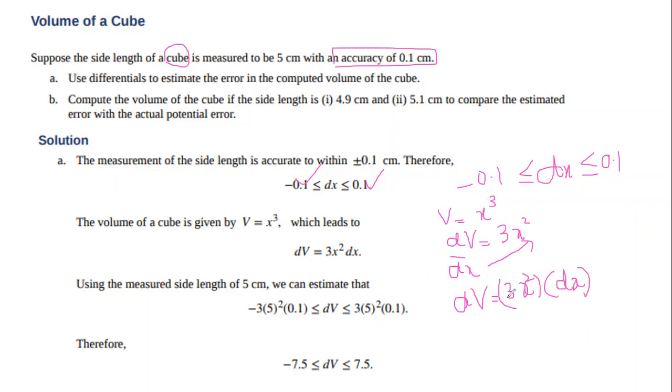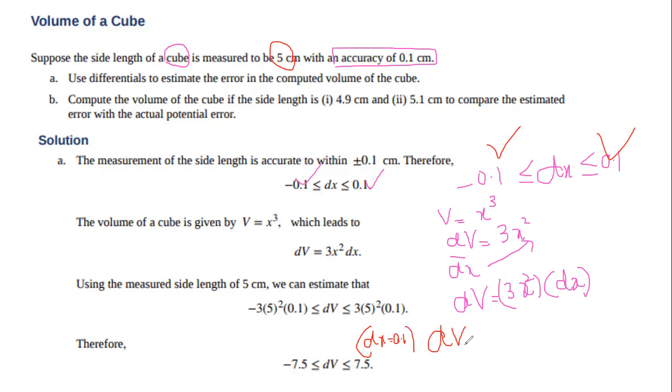Now I will put in these values. So what is the value of x? x is the original measured value, that is 5, and d of x is the tolerance value. This value is positive and negative respectively. So I will write dv when the tolerance value d of x equals positive 0.1.